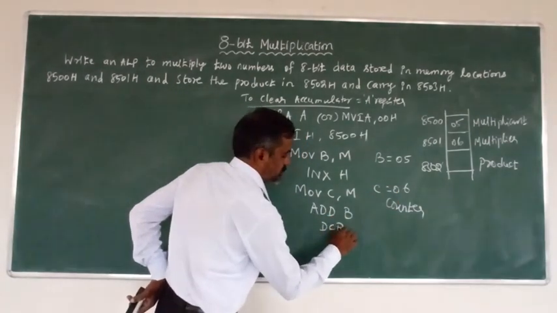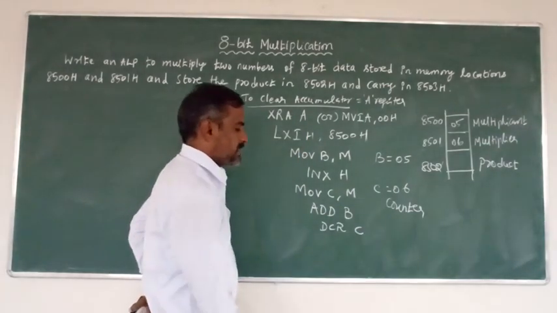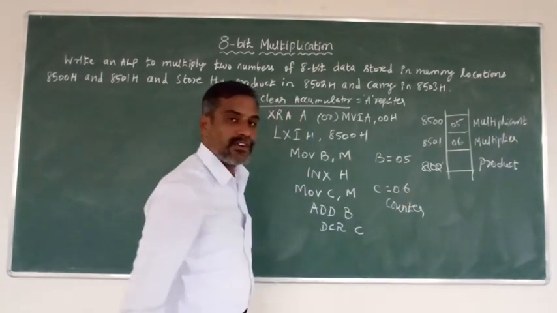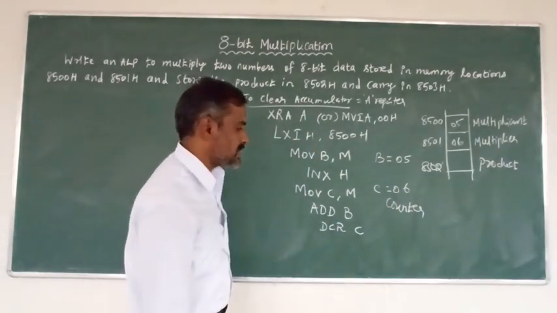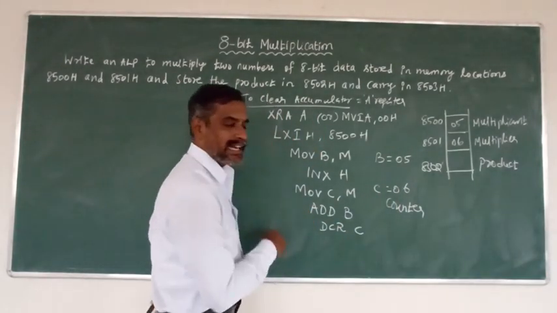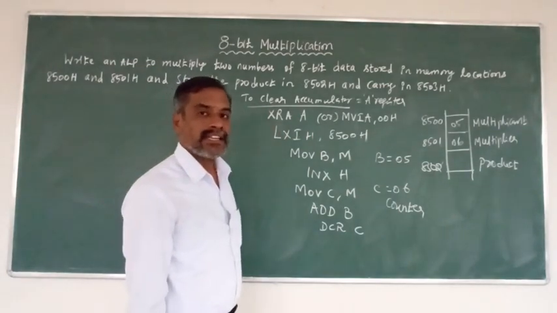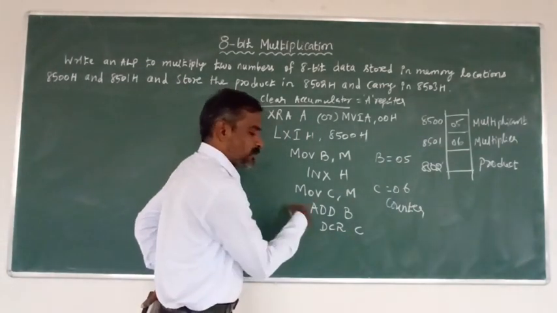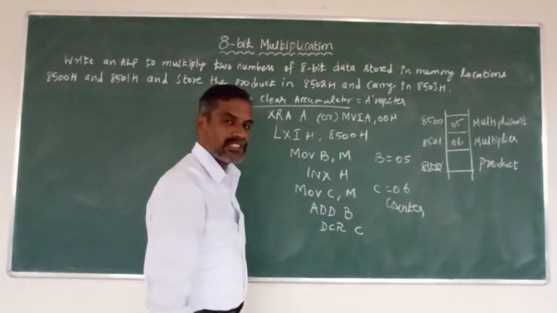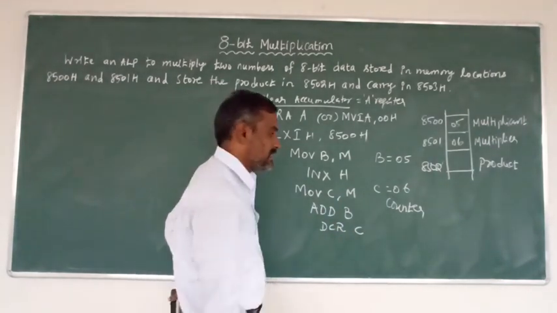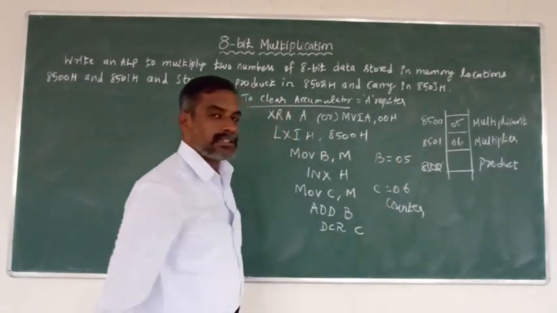Decrementing C means now C equals 05. Now to check whether it is 0 or not. Not 0 means again we have to add the accumulator with the B register. Now to repeat the same process. This is called repeated addition. We repeat the same process till the C register is 0.